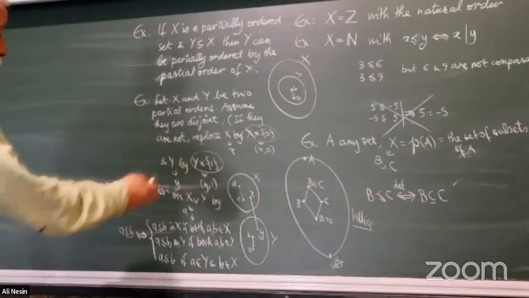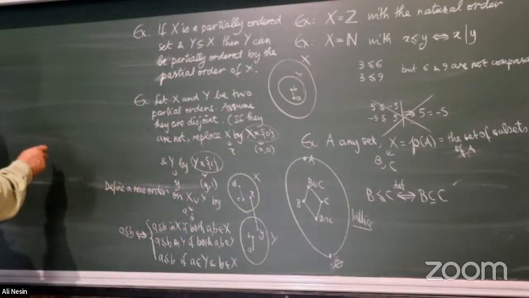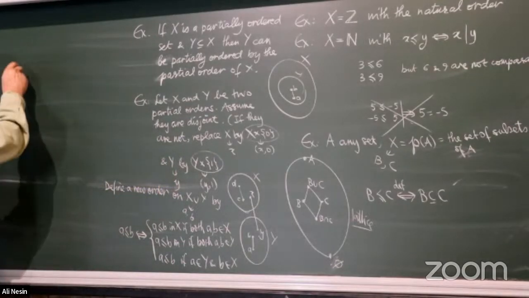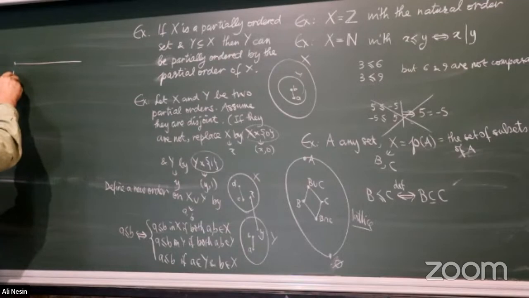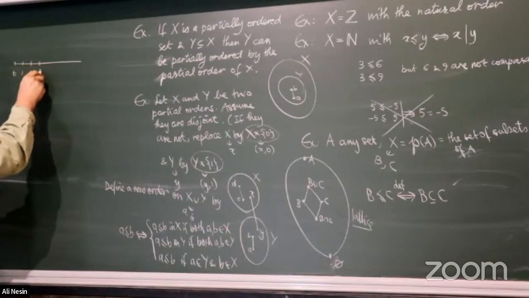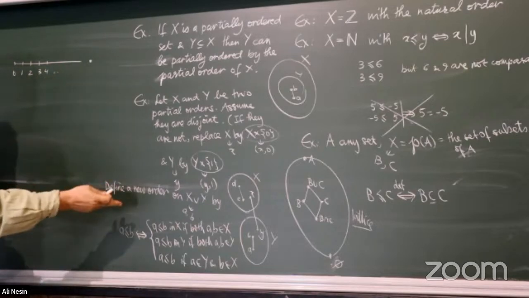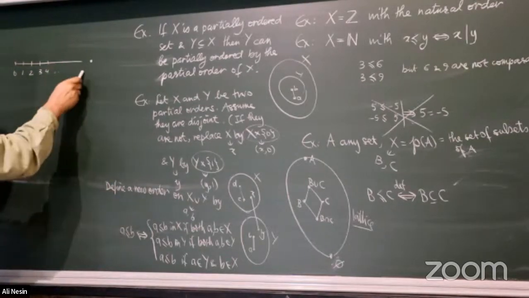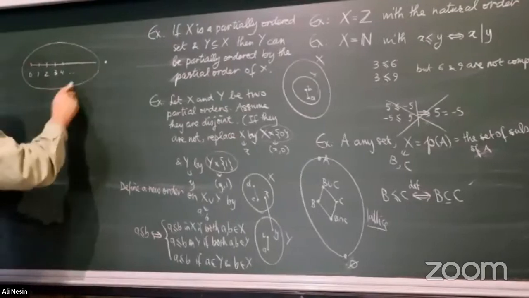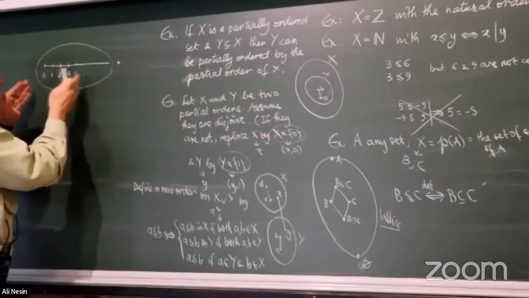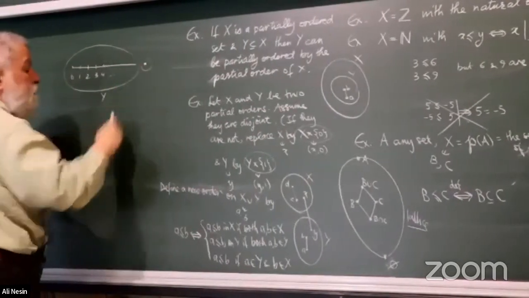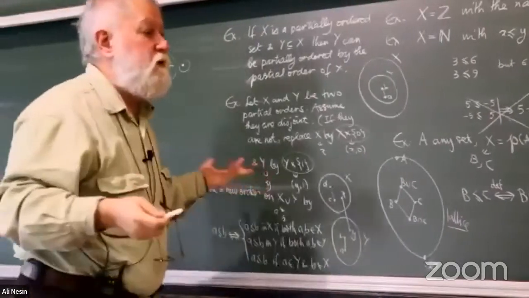But there are several. For a special instance, you can take natural numbers 0, 1, 2, 3, 4, and so on, and you can add one point here. This is my Y, the natural ordering on natural numbers, and this is a singleton set X. A singleton set is always a partial order.